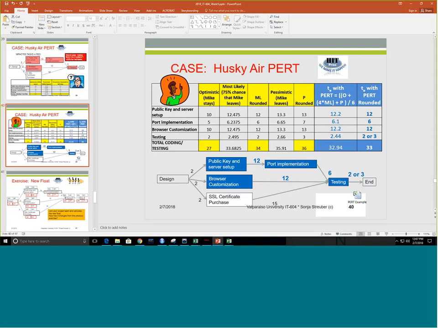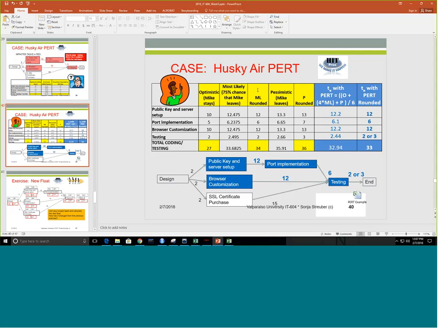So now, if we decide that here these are our optimistic durations for those 4 tasks, these are our pessimistic durations for the 4 tasks, right? These are our rounded pessimistic numbers.